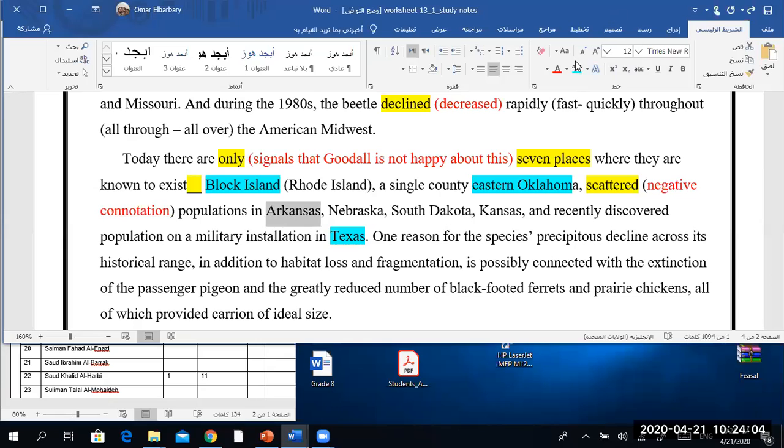And also we have Nebraska. And we have South Dakota. And of course, South Dakota is in Kansas. Or Kansas, okay. South Dakota, Kansas. And here, a military installation in Texas. What are these?